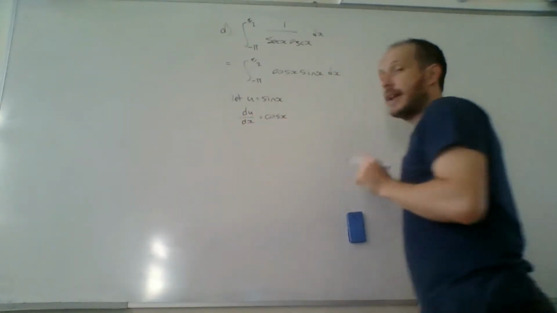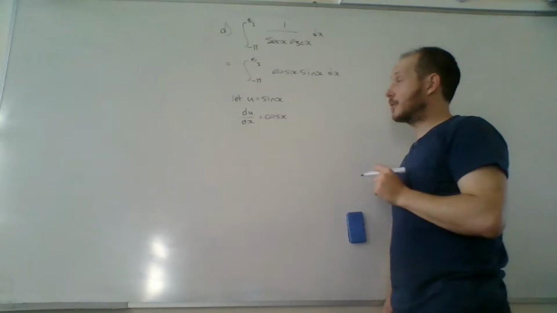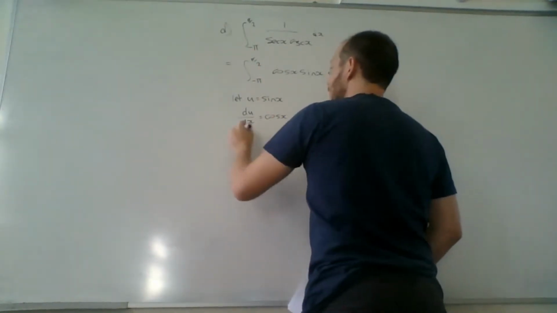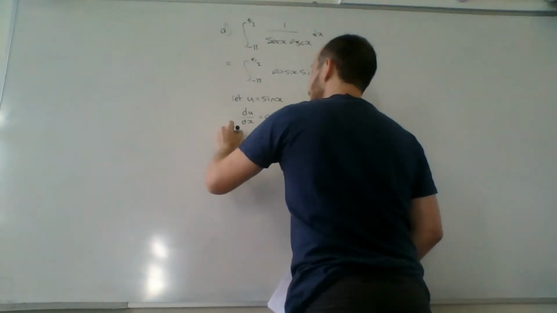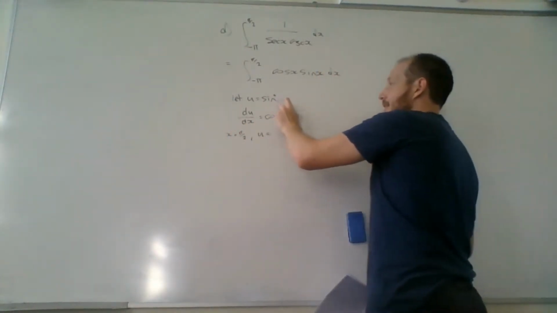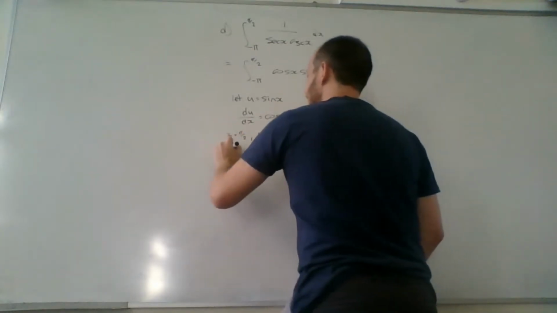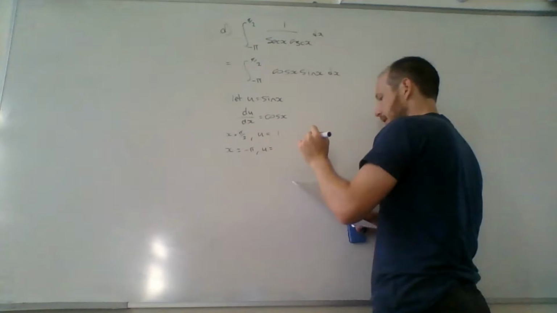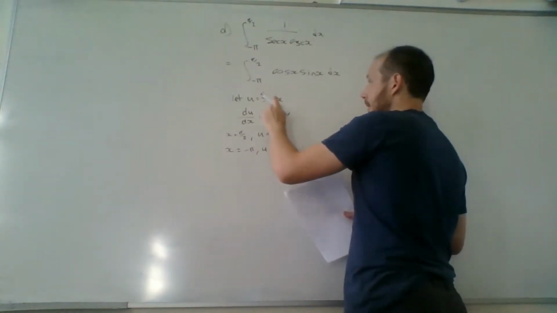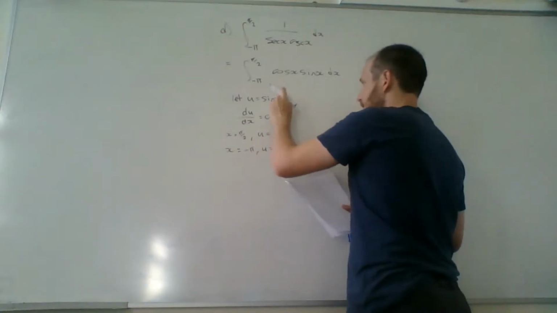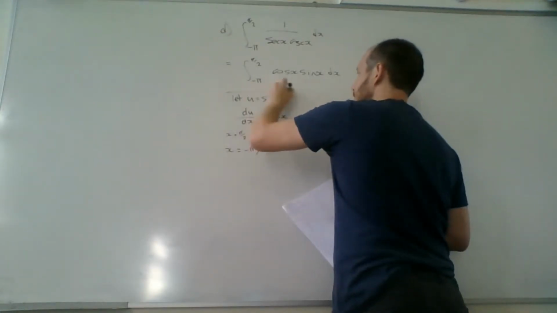Now remember, when we're doing definite integrals, we also need to change the bounds. So when x is equal to pi on 2, we need to sub it in here, so u will be 1, and when x is equal to minus pi, u will equal 0.